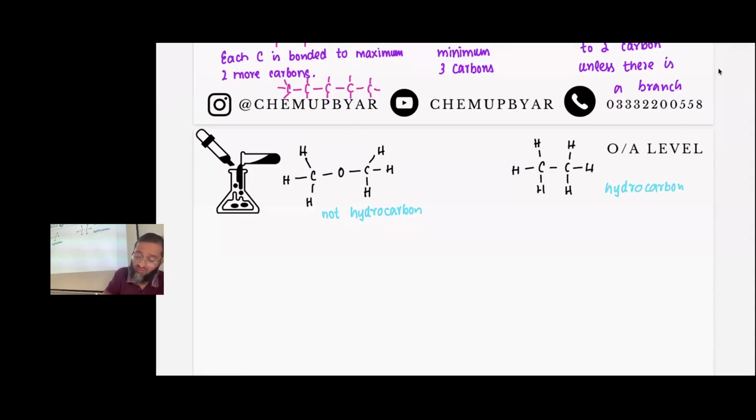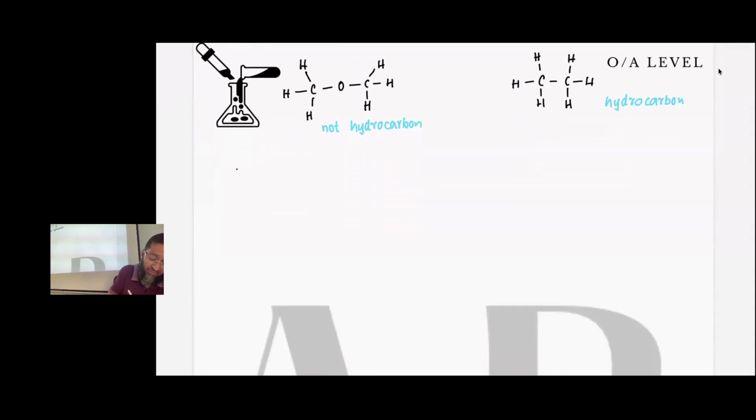Okay. So the next thing that is really important, and that you need to remember, is how many bonds each of these elements can form.